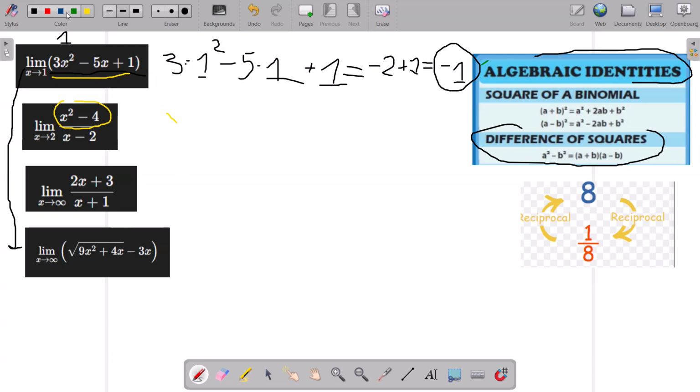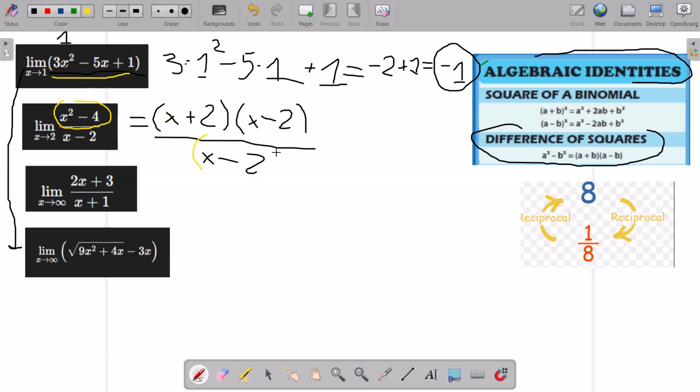let's change it to black. It will be the same as equals x plus 2 in brackets, x minus 2, over x minus 2. And now you can see that we can already simplify this expression here.